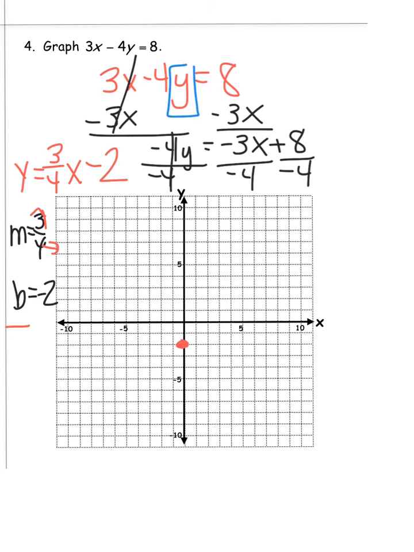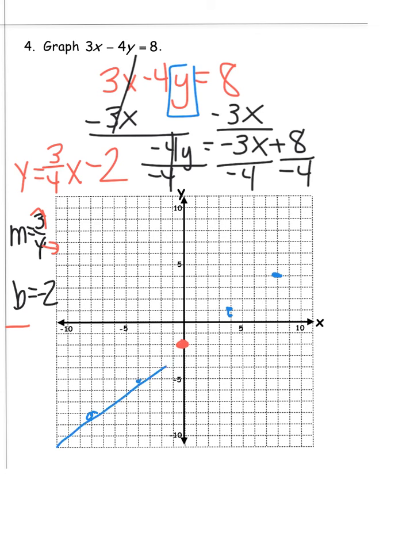So that's where my point should be. Okay, so it seems like I ran out of room. Erase that garbage. Go back the other way. Down 3, 4. Down 3, 4.